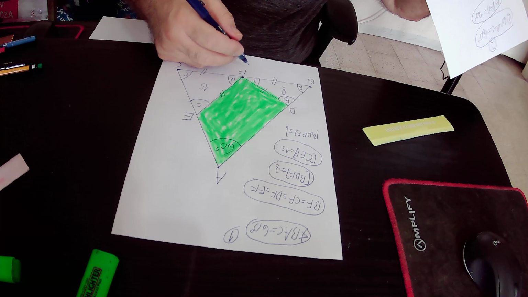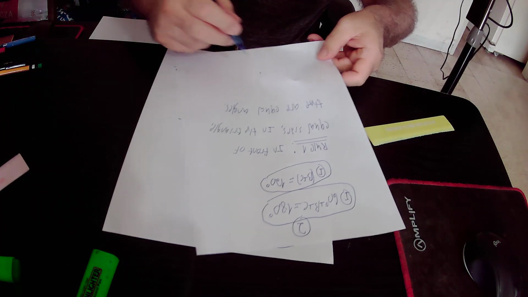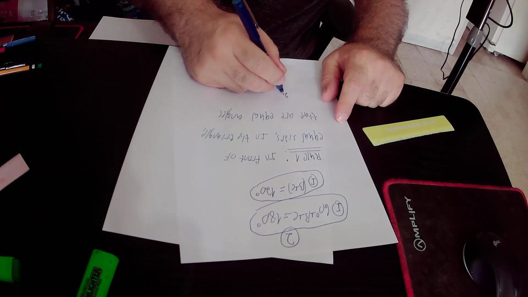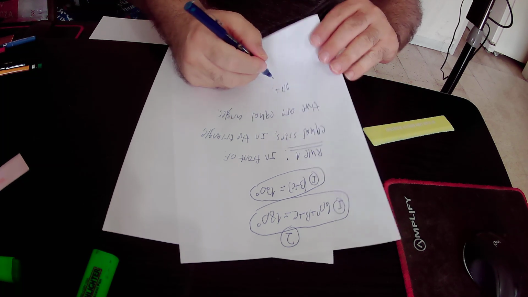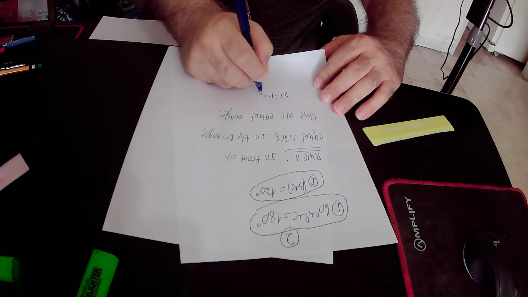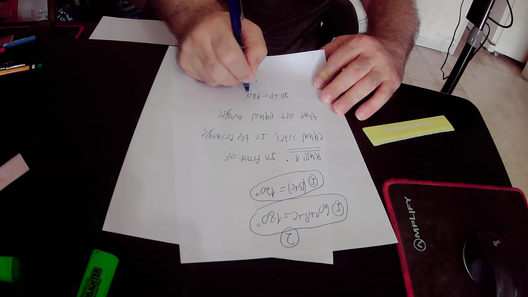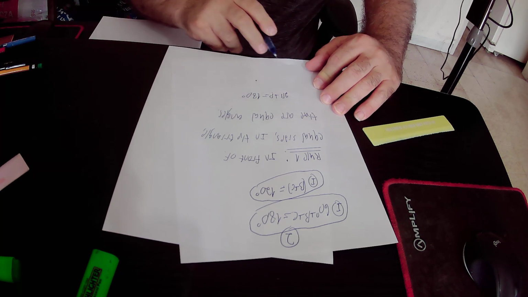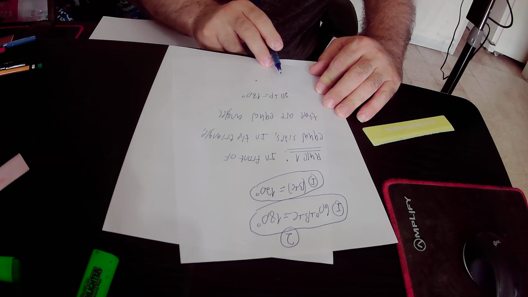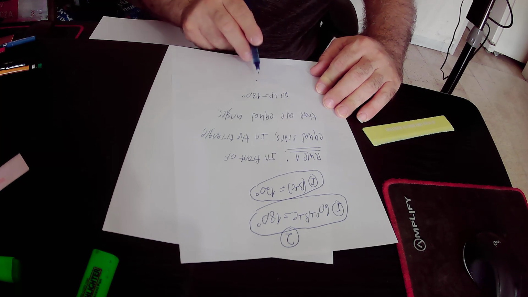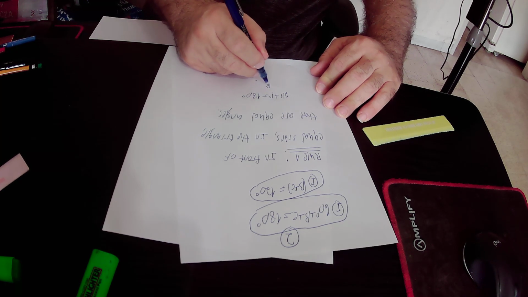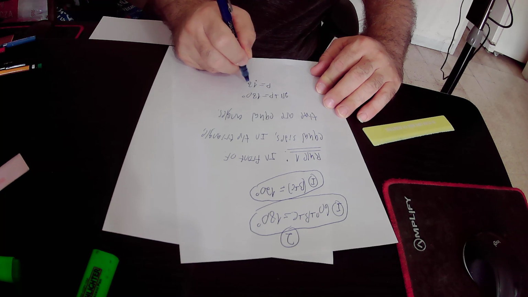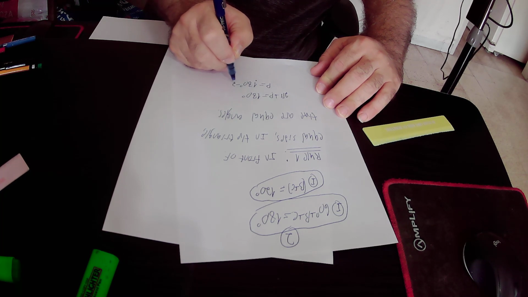So 2B plus P must be equal to 180 degrees. We subtract 2B from this equality, and we get that P equals 180 degrees minus 2B.